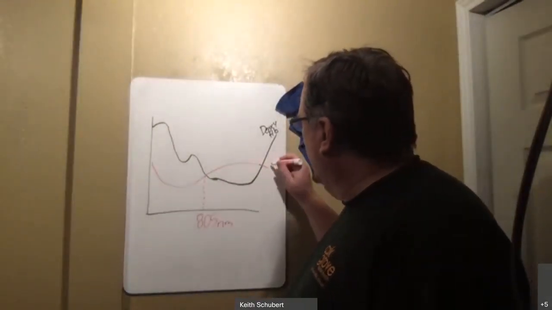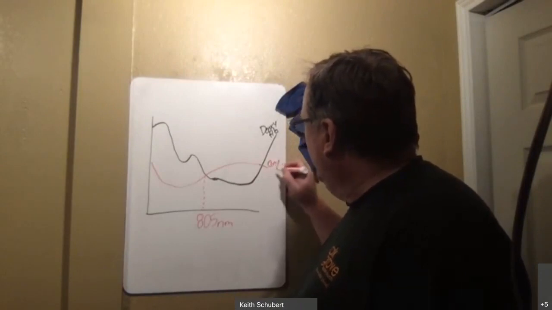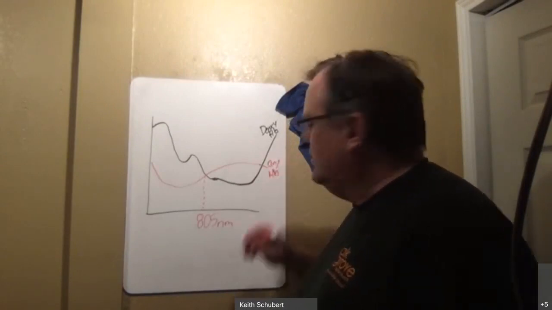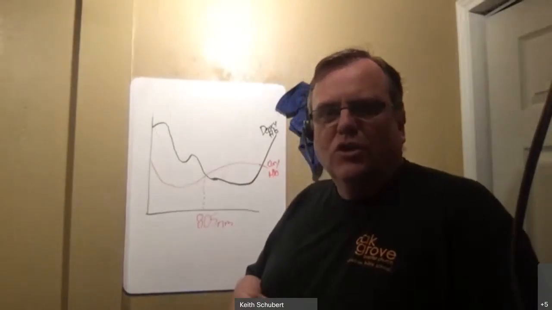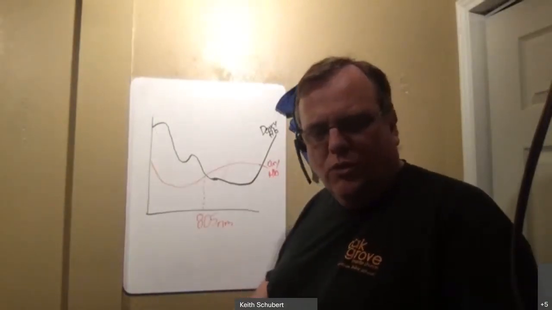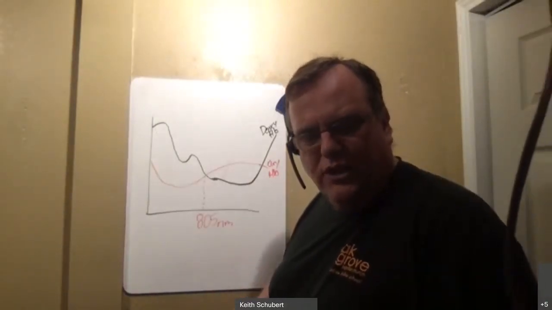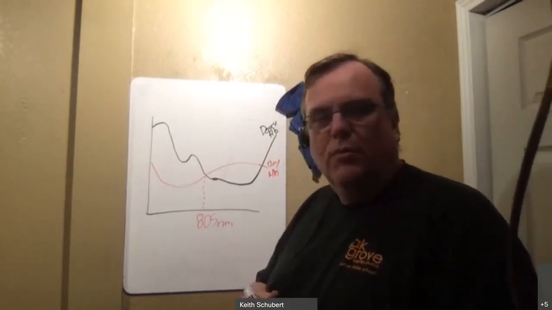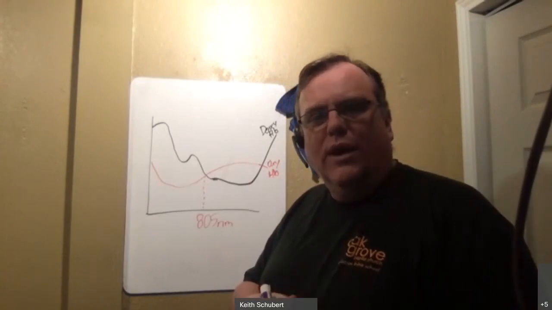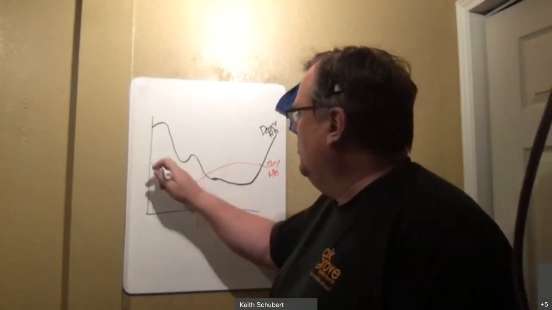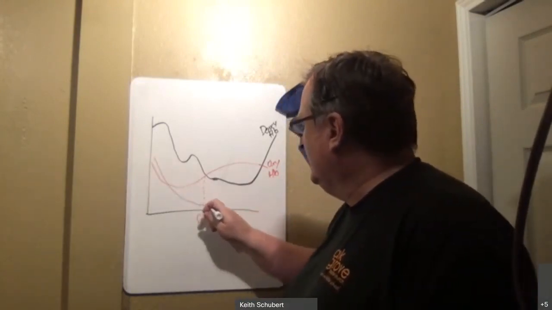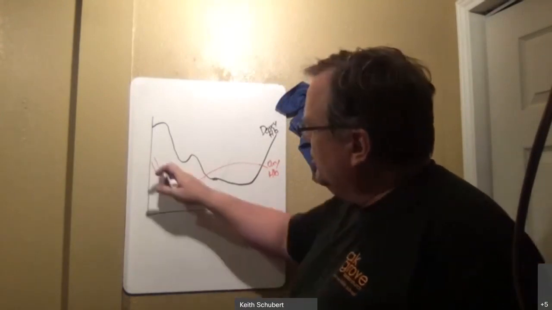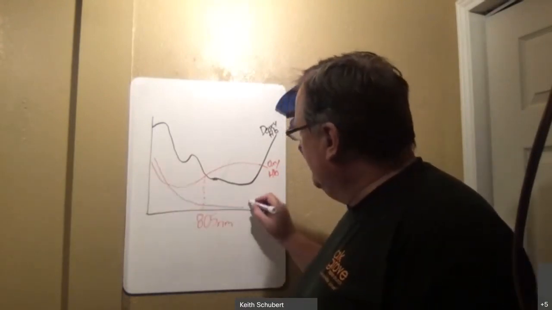So this one is the oxyhemoglobin. Those are the two that we're going to be really interested in. Now the other two, I'll draw them both with purple. One is carboxyhemoglobin, which kind of comes down like this, and it has very little effect.